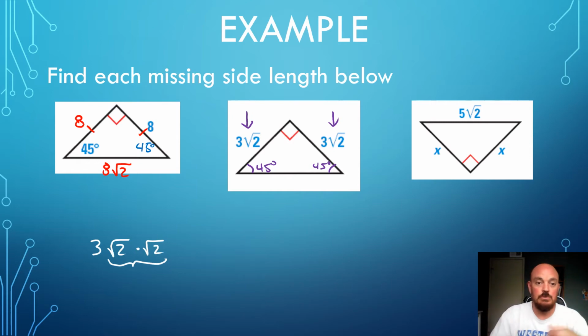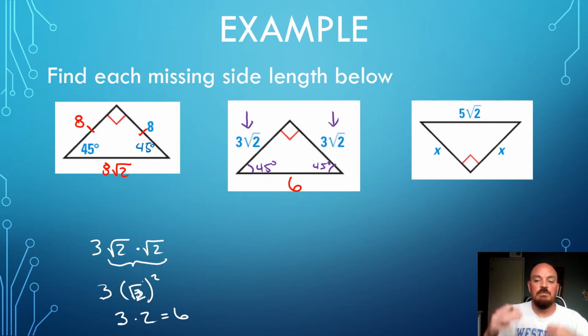Square root of 2 times square root of 2, another way to say that would be the square root of 2 squared. And in that case, the square root and the squared cancel and it just turns into a regular 2. So I have 3 times 2, which is 6. So my final answer here, that missing side, is 6.